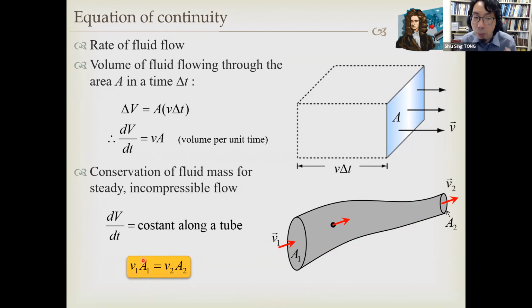So v1 A1 on this side must be equal to v2 A2 on the other side. And they are both equal to the volume rate of water flow. Okay. So this is an important equation for incompressible fluid.